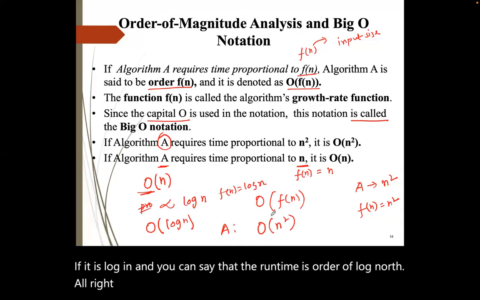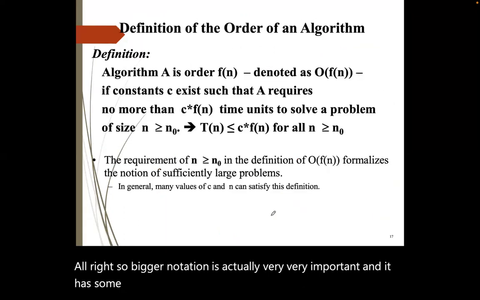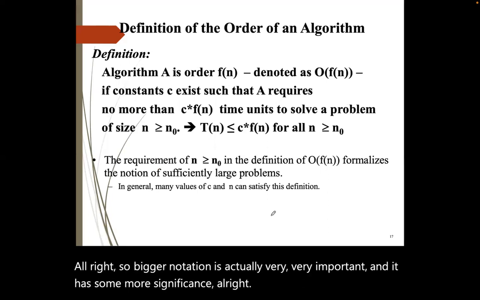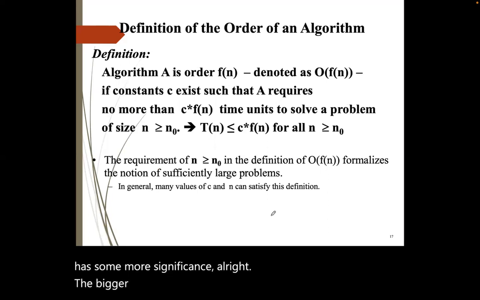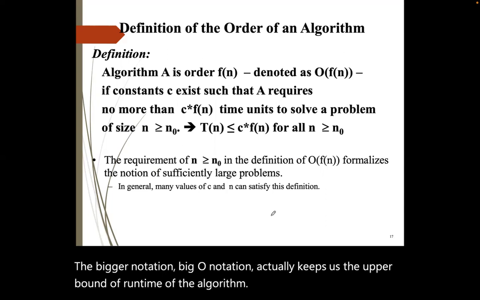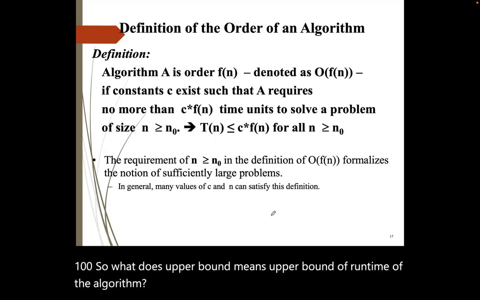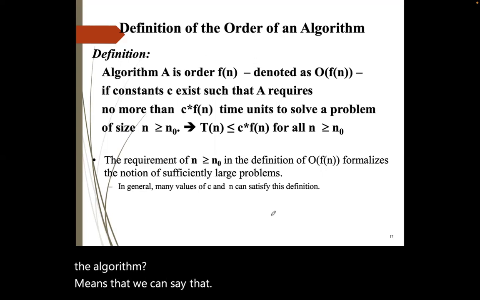So big O notation is very, very important, and it has some more significance. The big O notation gives us the upper bound of the runtime of the algorithm. So what does upper bound mean? Upper bound of the runtime means that our algorithm is going to take at most this amount of time.